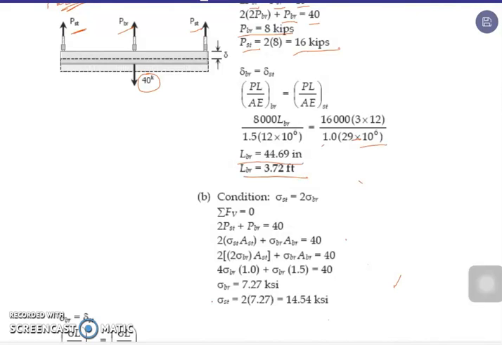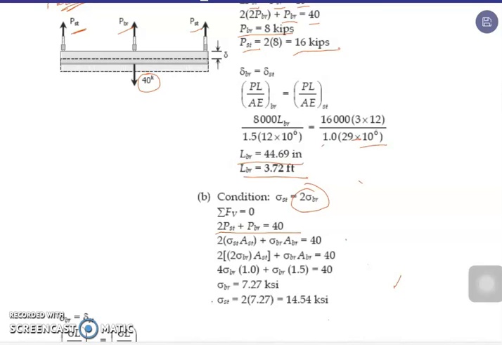And for the second unknown, we have the condition based on the problem that the stress on the steel is twice the stress on the bronze. So from the equilibrium equation, summation of forces vertical equal to 0, we have the equation 2 times the load on the steel plus the load on the bronze is equal to 40.